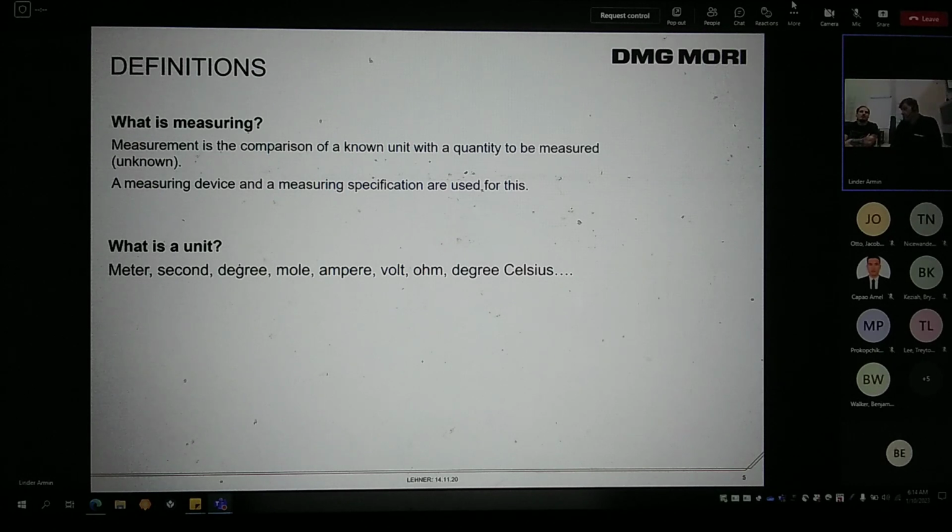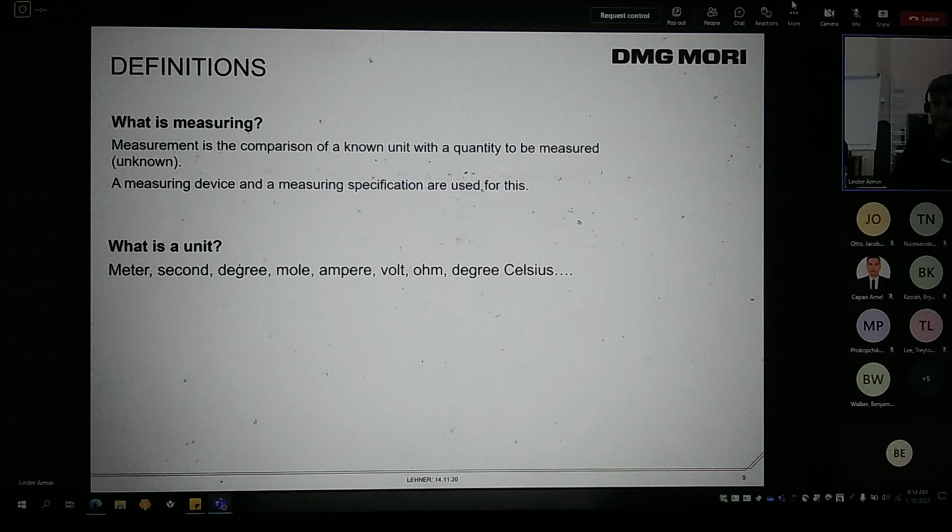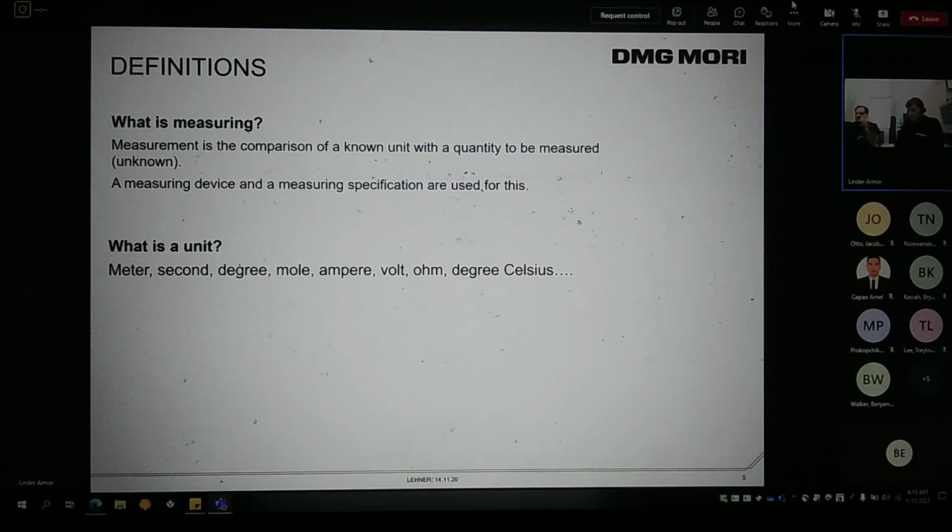Then we have what we sometimes call half tolerance or precision, where the biggest value is, I think, 15 microns. In that case it is mostly reached with compensations.